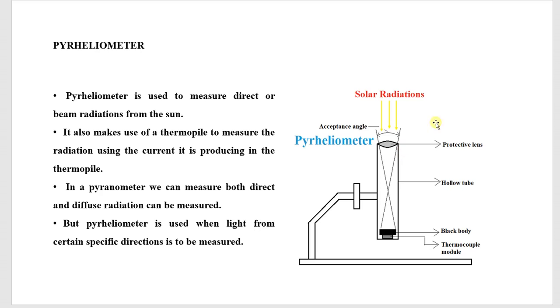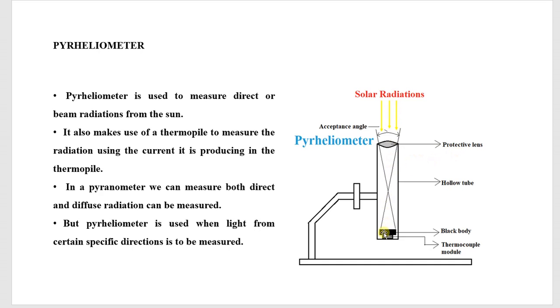But in this case, it cannot collect all radiation falling on this region. It can collect only the radiation directly entering the pipe through the opening. That means it can be used to measure solar radiation in a specific direction. Only direct beam radiation can be measured.